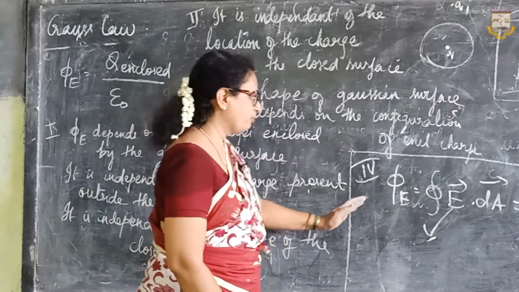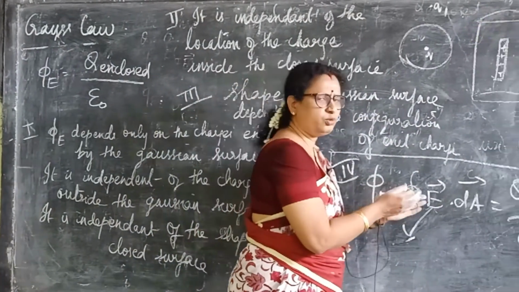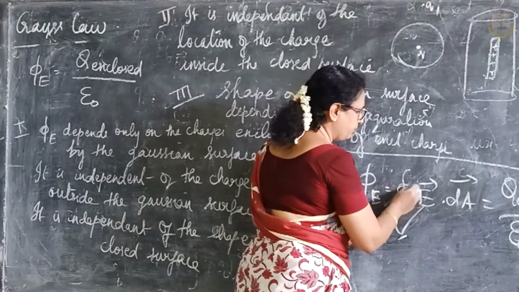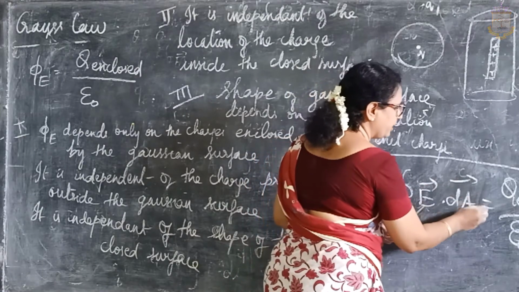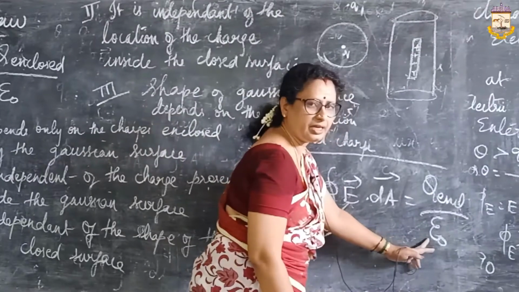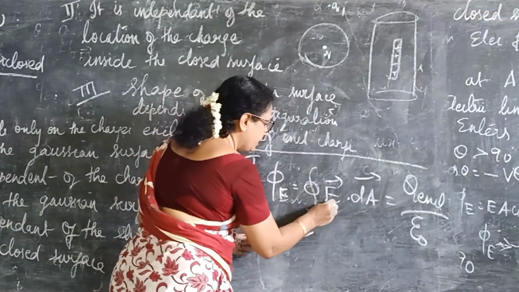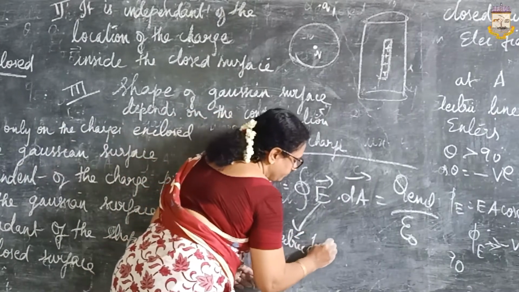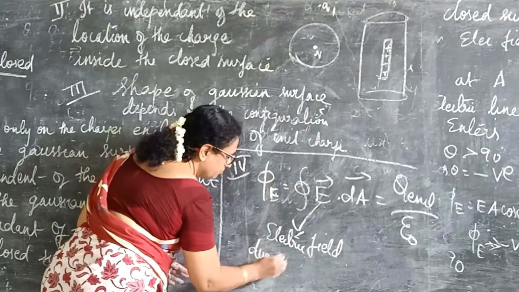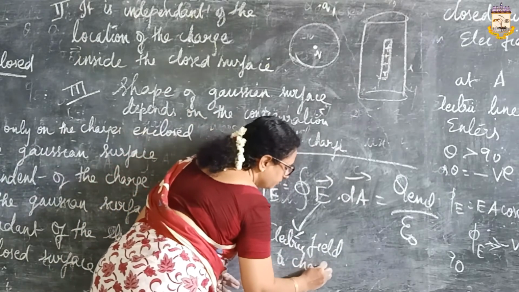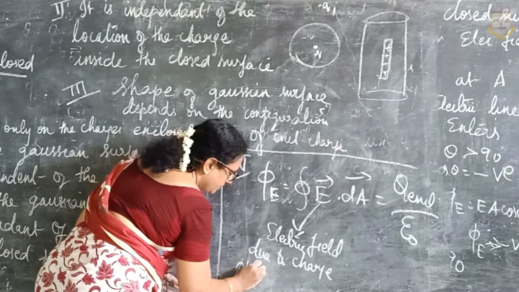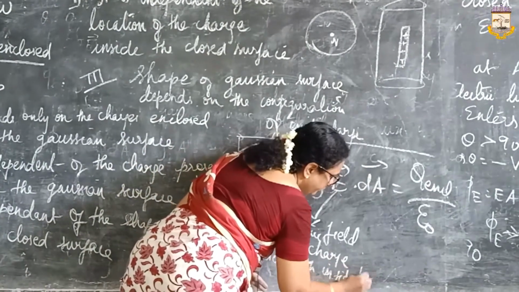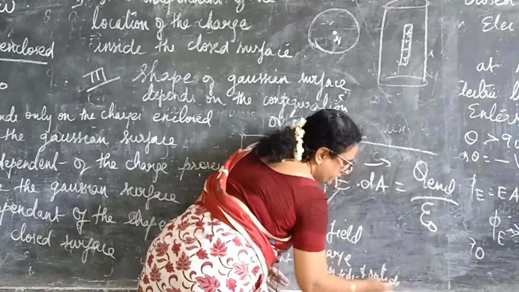Now finally, from this expression, we have to clearly understand one thing. Phi E, which is nothing but the electric flux, is the closed integral E vector dot dA vector, which is equal to Q enclosed by epsilon naught. This is Gauss law. And here this E, which is the electric field, is due to charge present both inside and outside the Gaussian surface.